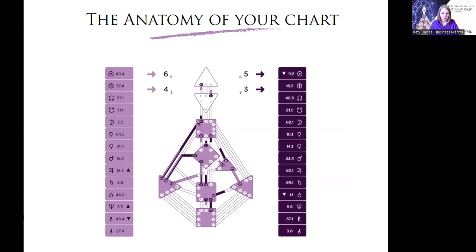So in human design, the body graph itself, the colors don't matter. That's something that I get asked all the time. It's like, well, does it matter this one's red or this one's black? The colors are used to differentiate between the different parts, and everybody who is a human design reader will probably use their brand colors.